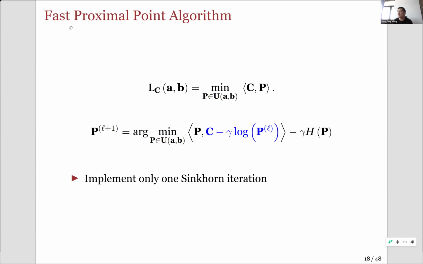And this gives a computationally cheap update step that can still converge to the solution of the original unregularized optimal transport problem. We also call this the fast proximal point algorithm for optimal transport.